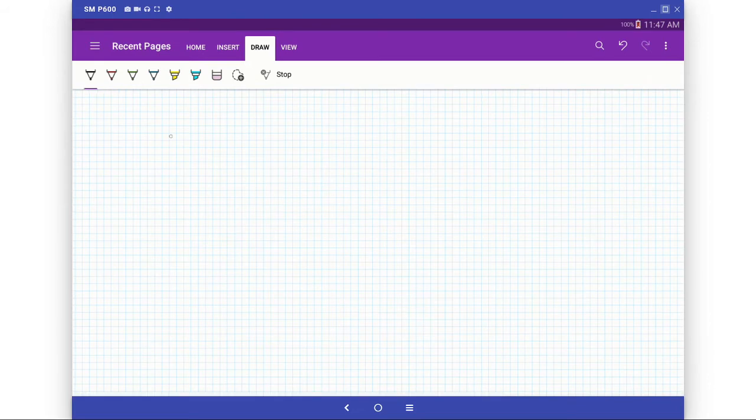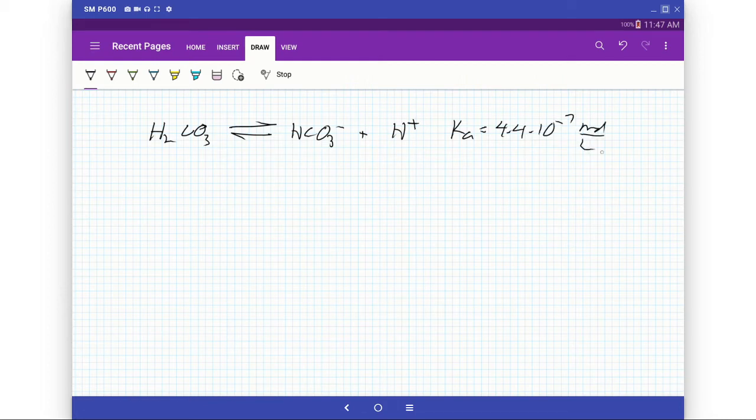So the buffered system that we have is this, and there is a Ka value of 4.4 times 10 to the minus 7 moles per liter for that. And what we want, the base to acid ratio at pH of 7.30.